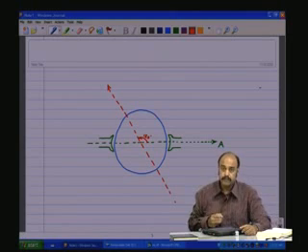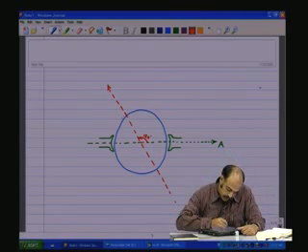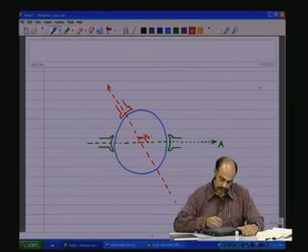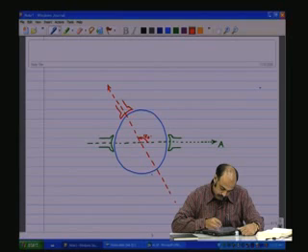Now along this also I am going to have some fixed stationary pole pairs. Of course you can't have single poles, you should always have a south and a north pole.